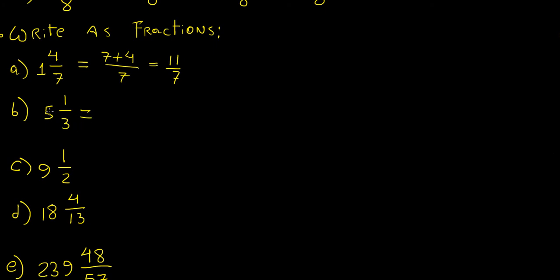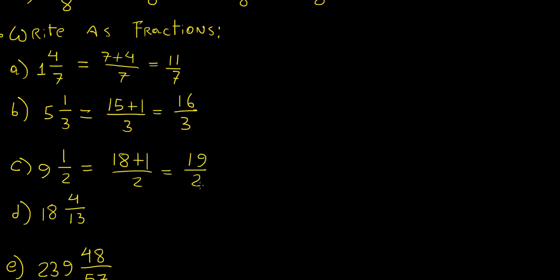Now let's do the next one. We have 5 times 3, that's 15, plus 1 over 3. It's going to become 16 on 3. Then for the next one, we have 18 plus 1 over 2, which is going to be 19 on 2.